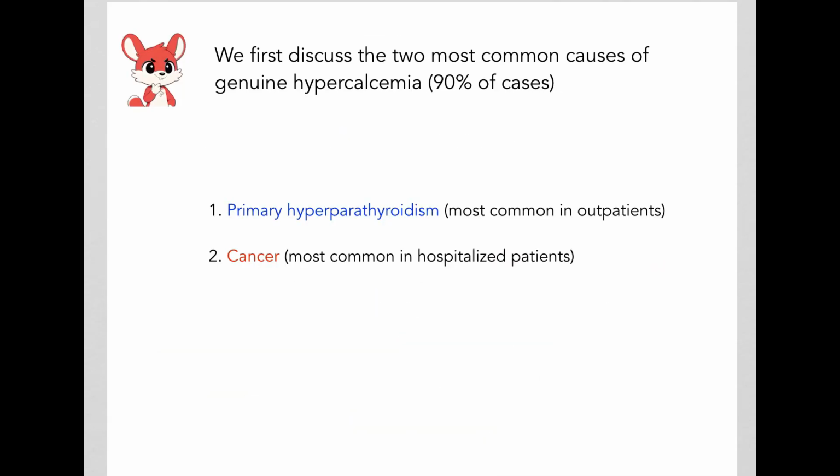Let us first look at the two most common causes of genuine hypercalcemia. The first is primary hyperparathyroidism, which is the most common cause in outpatients. And the second is cancer, which is the most common cause of hypercalcemia in hospitalized patients.